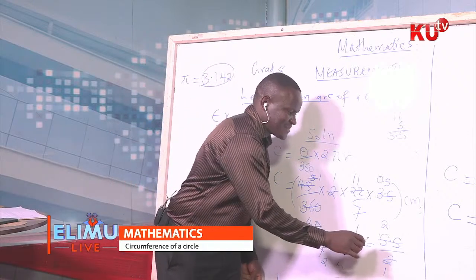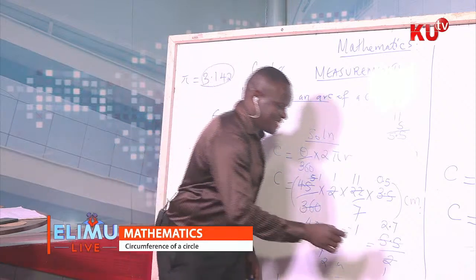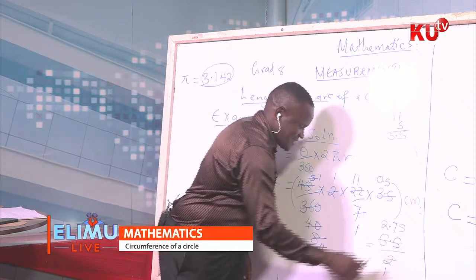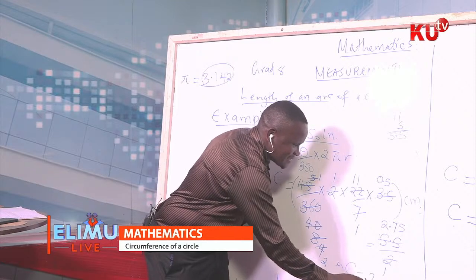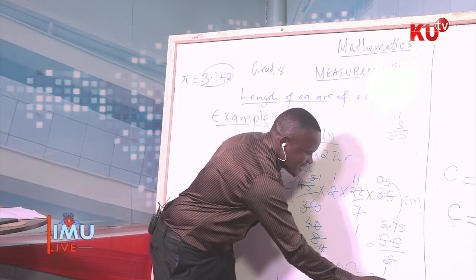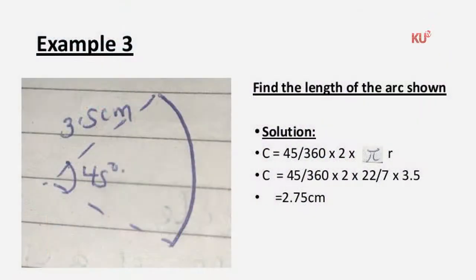Remainder 1 into 15, 7, then into 10, 5. So we have our circumference as 2.75 centimeters.